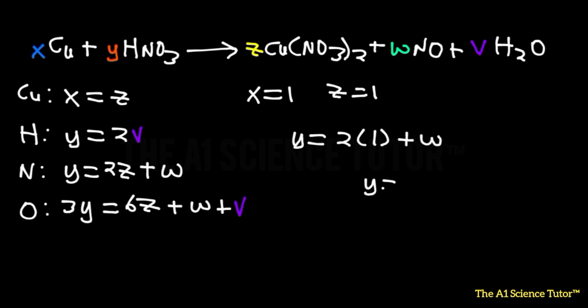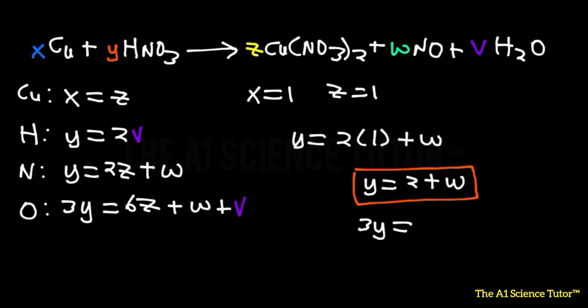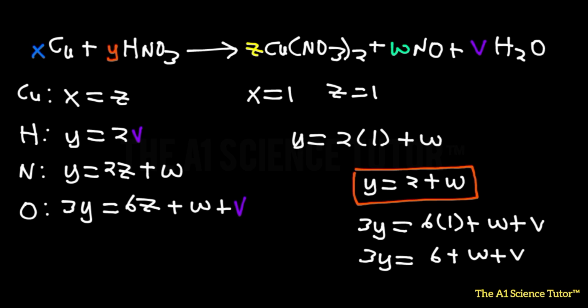So this is going to be Y is equal to 2 plus W. Then let's move on to this one. For this one, we're going to have our 3Y equal to 6Z, which is 1, plus W plus V, right? And so this should be 3Y is equal to 6 plus W plus V.